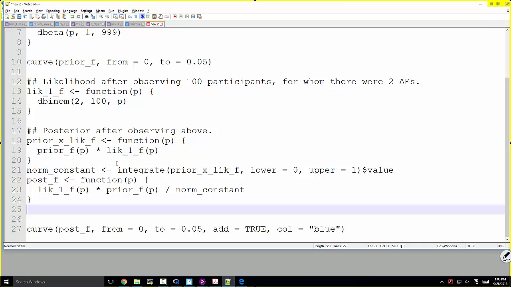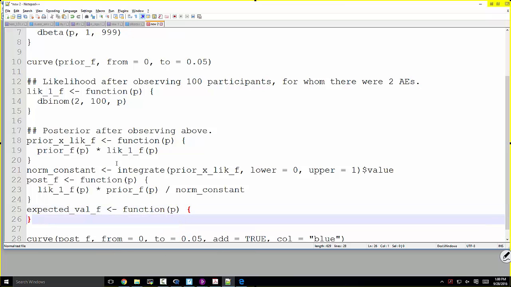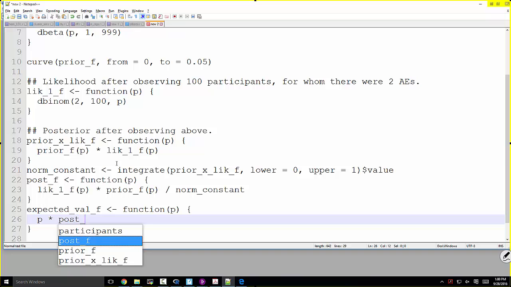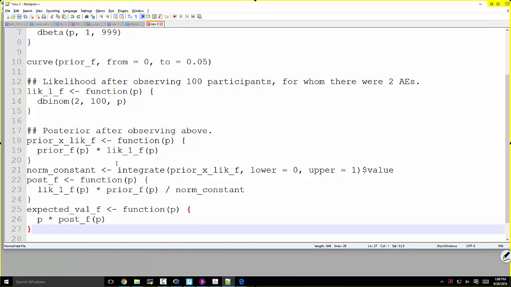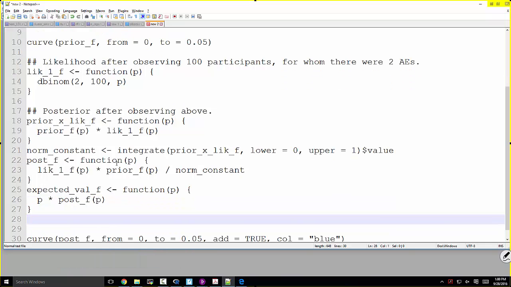I can do that by defining a function, expected val function. And I'm going to define this as p times posterior of p. Then the expected value, posterior mean, would be integrate this.